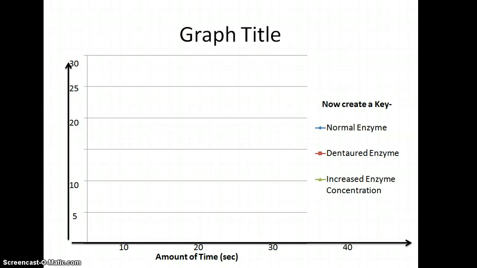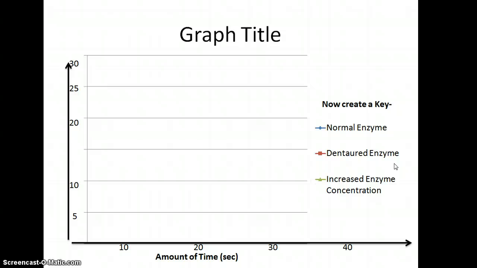Once you've labeled your axes and you have your titles, now you need to create a key. You're going to have 3 lines on this graph, and you remember from your lab you did one section on how normal enzymes function. You broke the paper in 10-second intervals and you counted just using your normal hand.